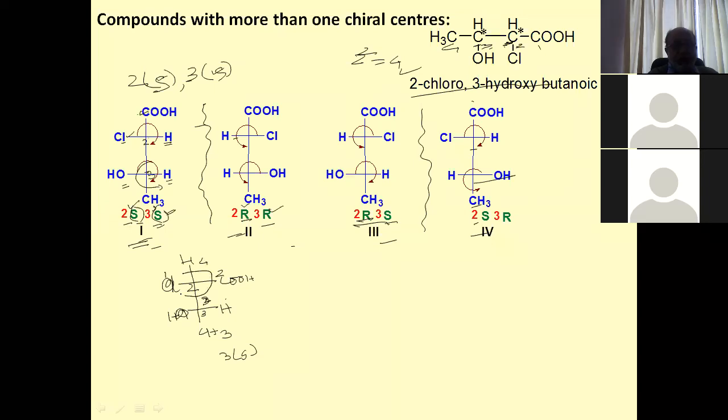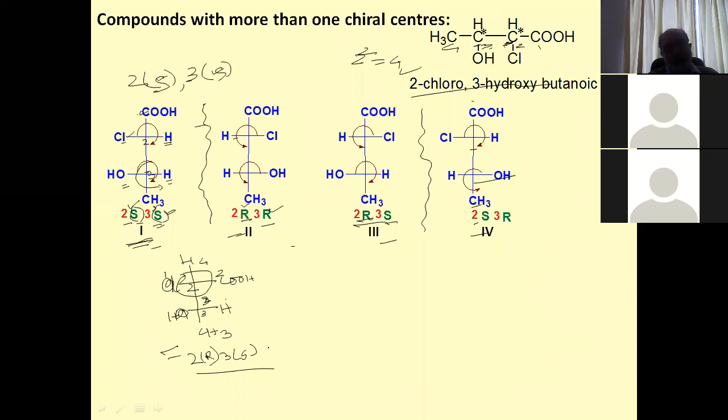So 1, 2, 3 rotation is which direction? Clockwise direction. So clockwise means 2 will become R. So this structure 1 and this one are not the same. So they are diastereomers.